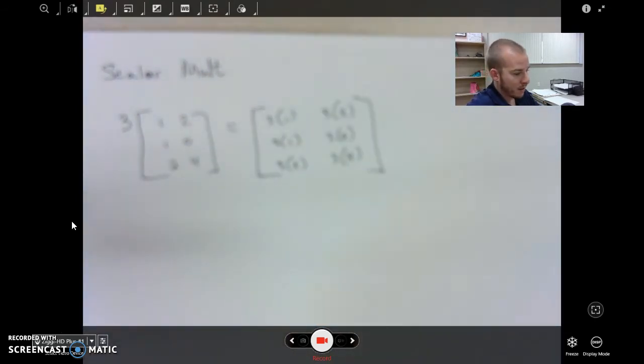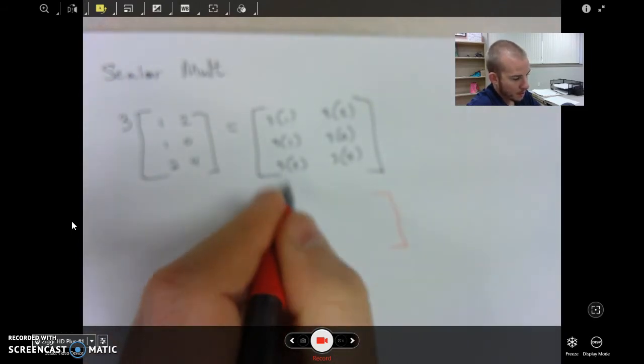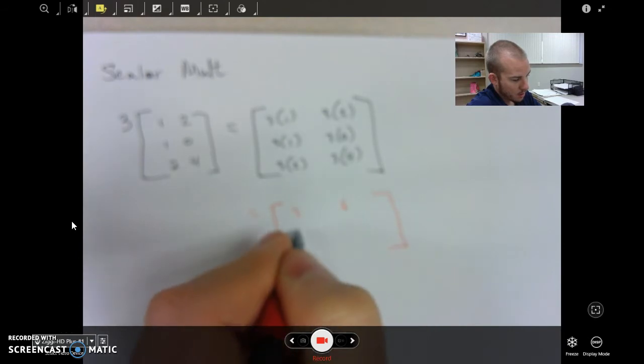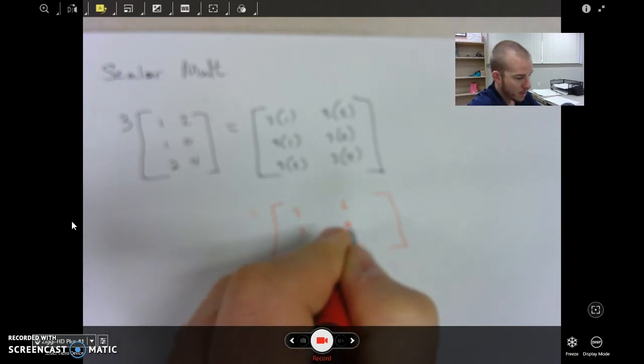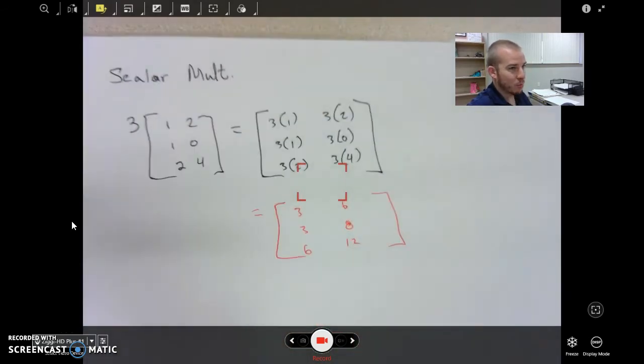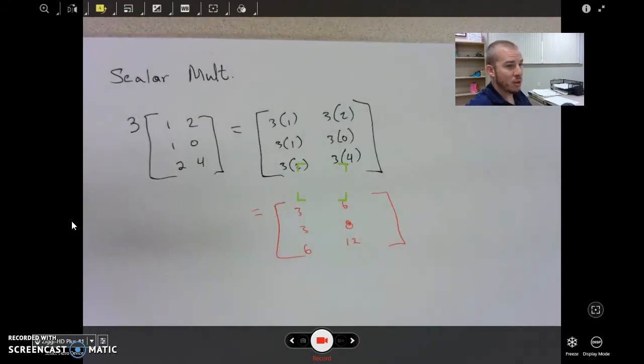And so the new matrix, after you simplify, is going to become this one here. 3, 6, 3, 0, 6, 12. And so this is what scalar multiplication is. So if you take a matrix and you multiply it by a scalar, all you need to do is simply take the number, multiply it by each entry, and that's all you have to do for this.